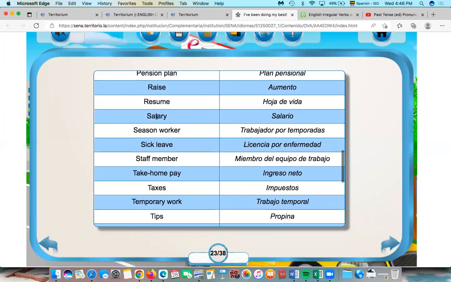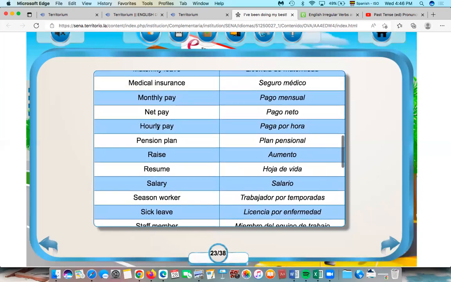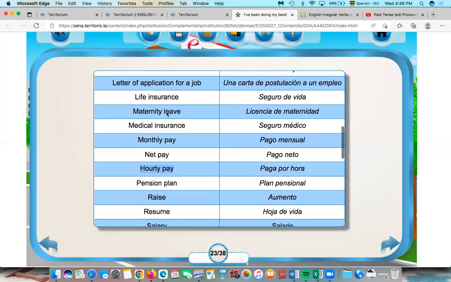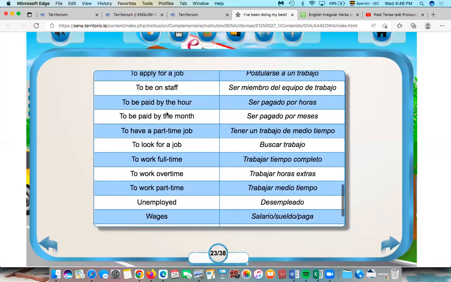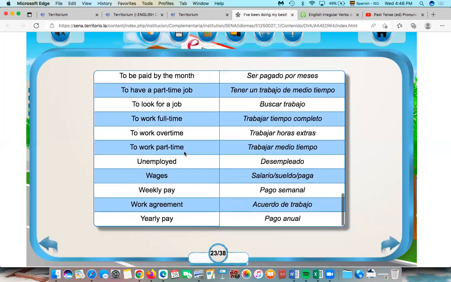Or salary, resume, if you want to ask for a raise, hourly pay. I would strongly recommend you to check this vocabulary to look for a full-time job, overtime job, part-time job. You can check the different expressions that we have here.